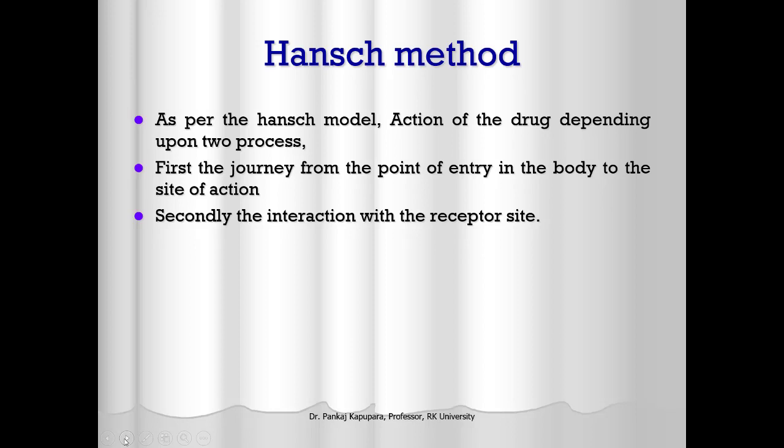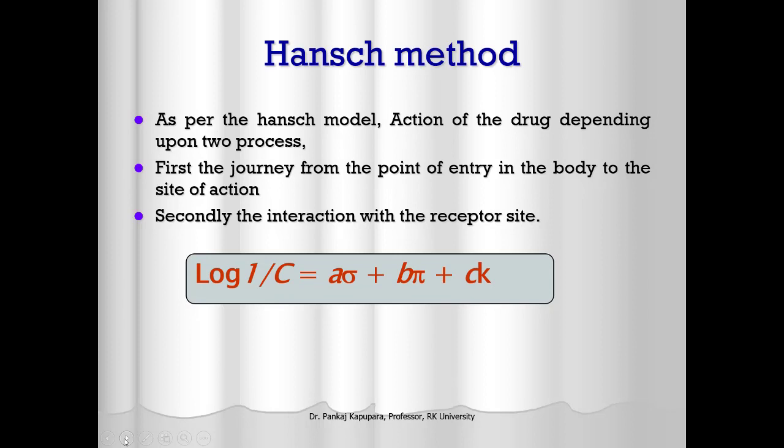Secondly, once it has reached the target, it must interact with the receptor. So in this case, electronic, lipophilic, and steric parameters are to be considered as per the Hansch model.